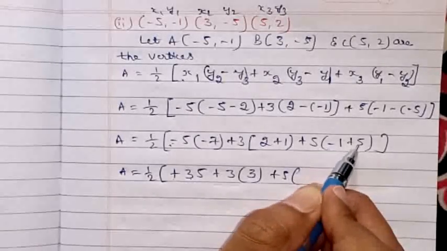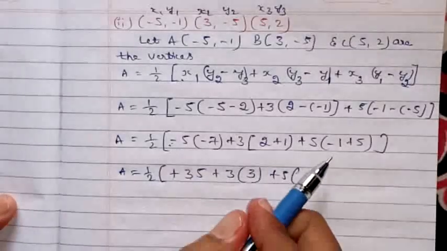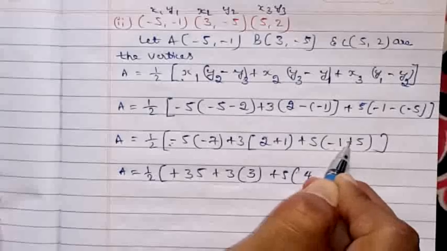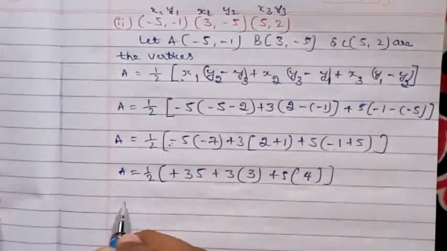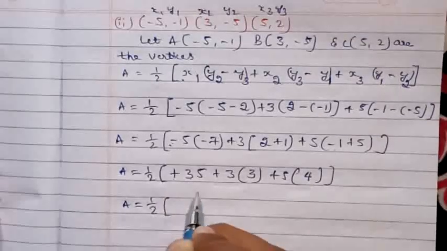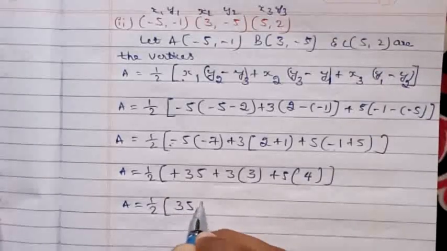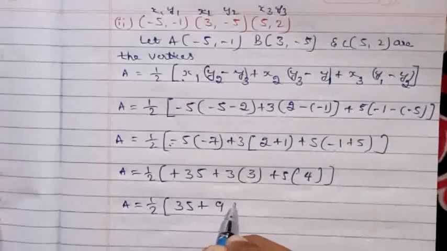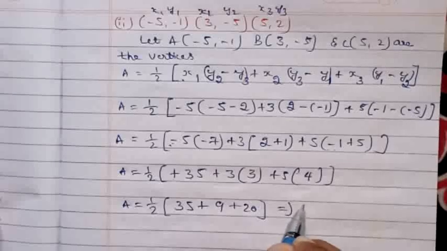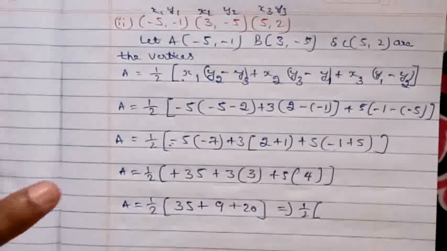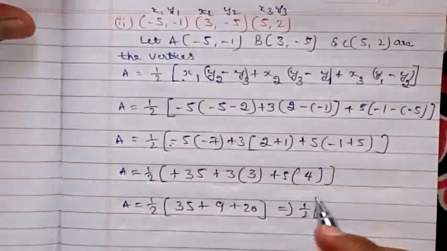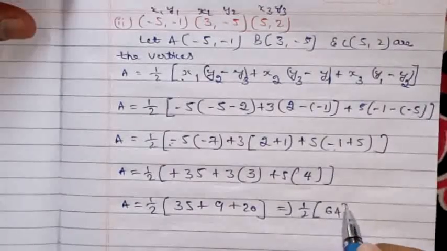Minus into plus is minus, so you need to subtract. 5 minus 1 is 4. Sign of the biggest number is plus, so plus 4. Okay, so A is equal to half into 35 plus 3 3s are 9 plus 5 4s are 20, right? Now add this: 35 plus 9 is 44, plus 20 is 64, right children?